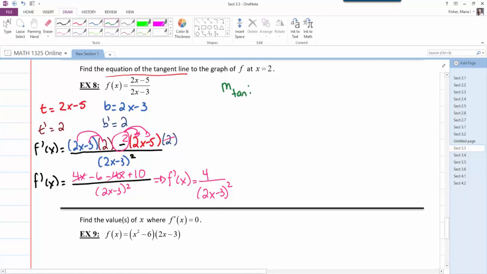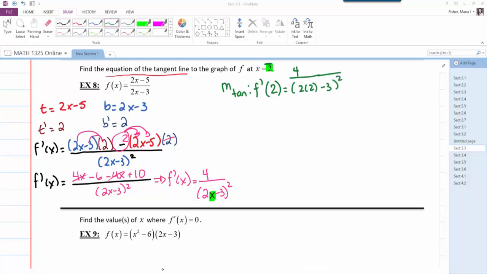Well, the slope of the tangent line is going to be the derivative evaluated at the given x value. My given x value is 2. So f prime of 2 is going to equal 4 over 2, and instead of writing this x, again, I write the number 2, minus 3 quantity squared.